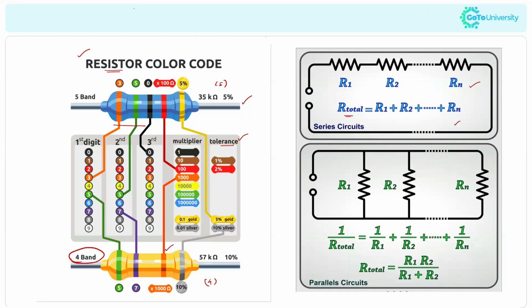And when the resistors are connected in parallel, the value of total resistance is calculated using the formula R1 R2 divided by R1 plus R2. In case of a parallel circuit, the total resistance of the circuit will be less compared to the individual resistances, because here we are calculating the reciprocals, right?